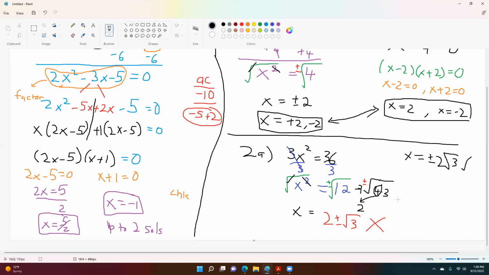Again, when you do it in your online homework, they don't accept this plus minus answer, so you have to write your answer twice. One is a positive 2 root 3, and the other one is a negative 2 root 3. So these are your answers here. As I mentioned, you can get up to 2 answers in this case. Anyone have any questions for me?